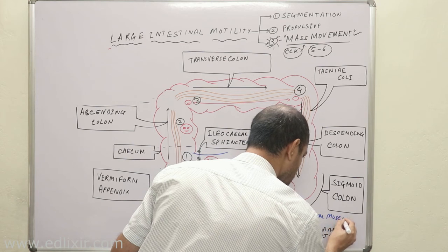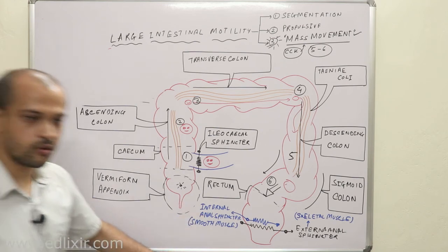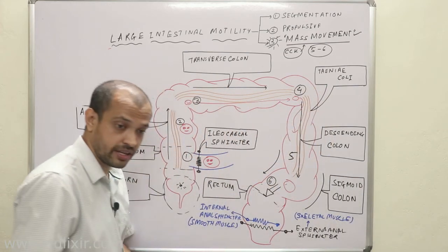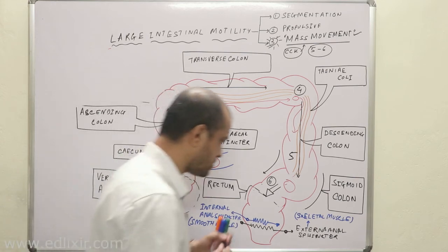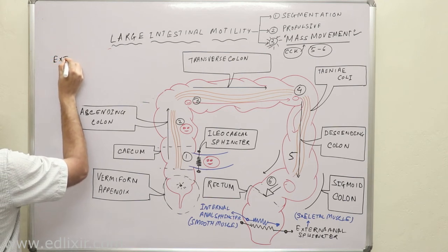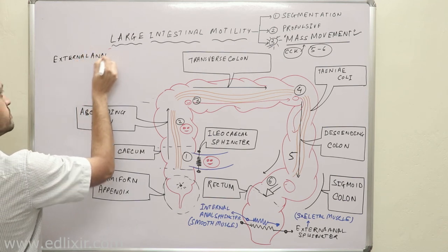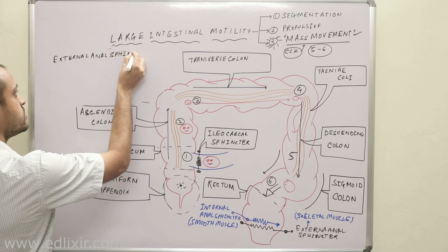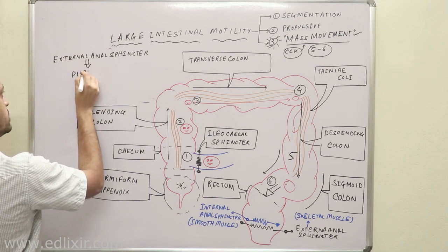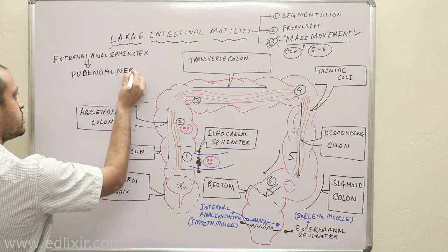Clear? The internal anal sphincter is controlled by nerves like the enteric nervous system, but the external anal sphincter is controlled by a nerve called the pudendal nerve.